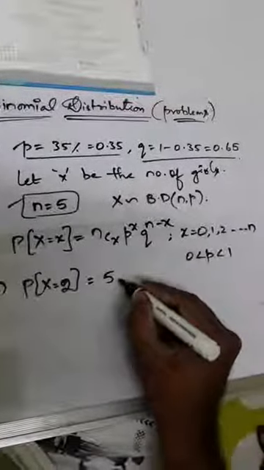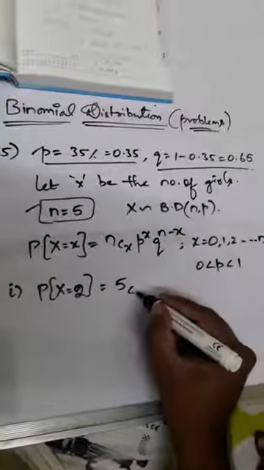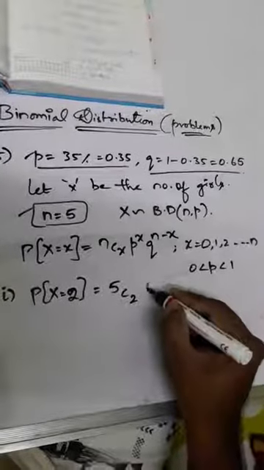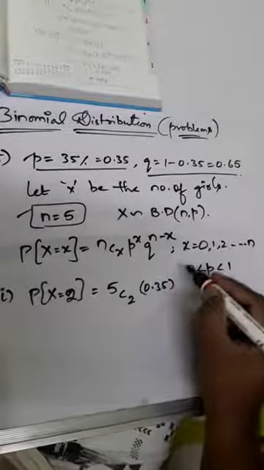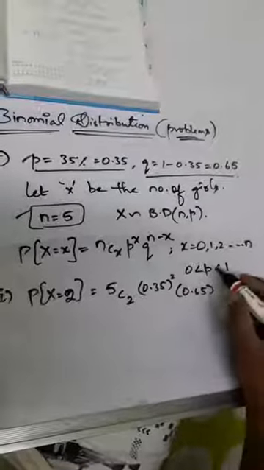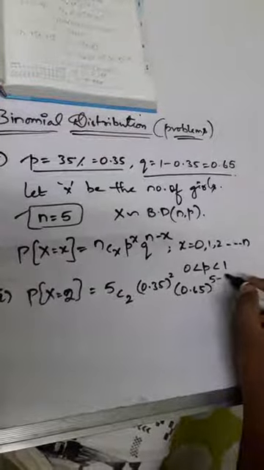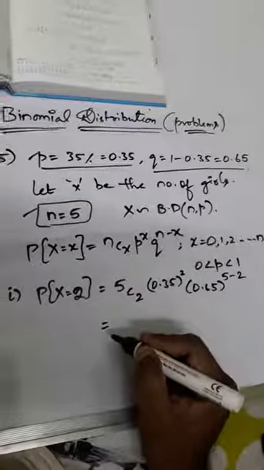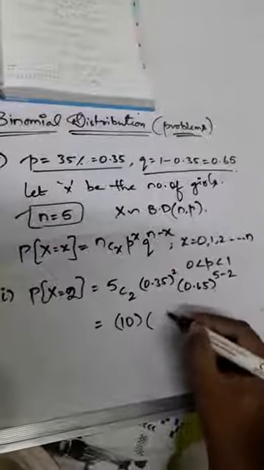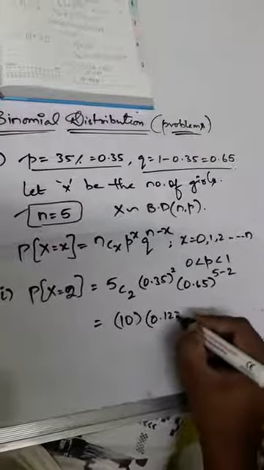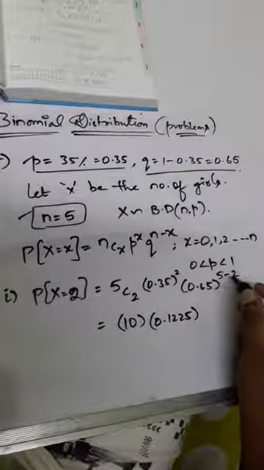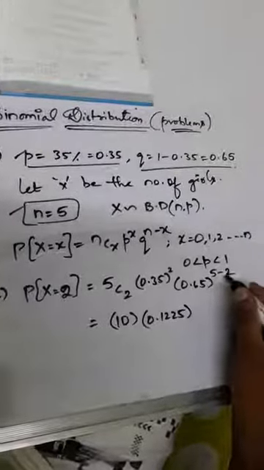N is 5, so 5C2, P is 0.35 whole power 2, Q 0.65 whole power 5 minus 2. 5C2 is 10, 0.35 whole square is 0.1225, and 0.65 whole power 5 minus 2, that means 3.